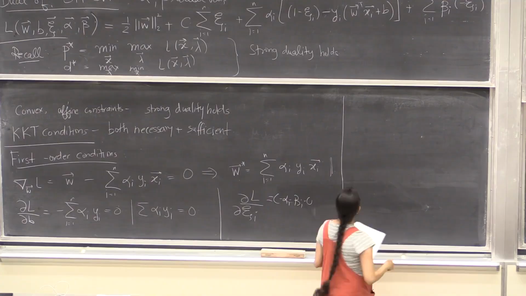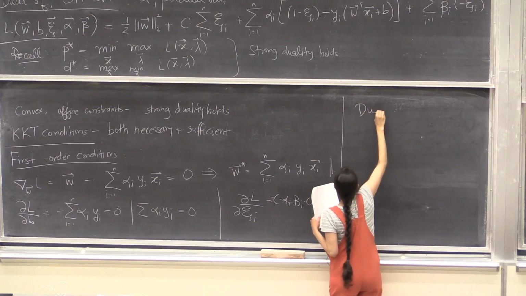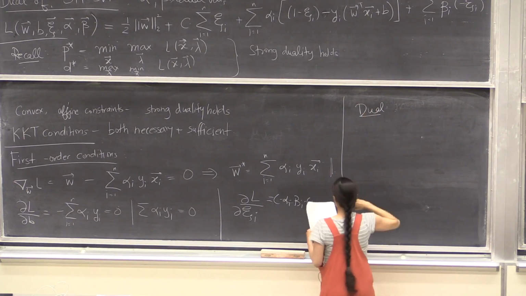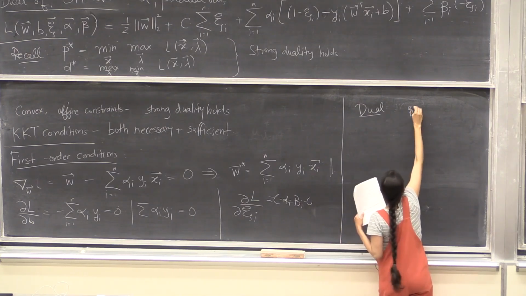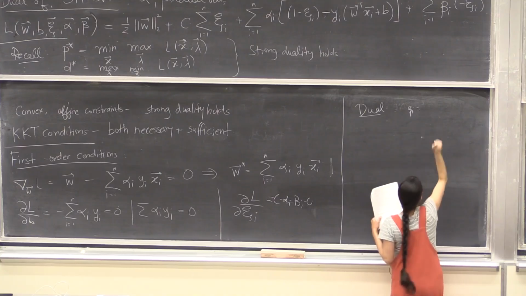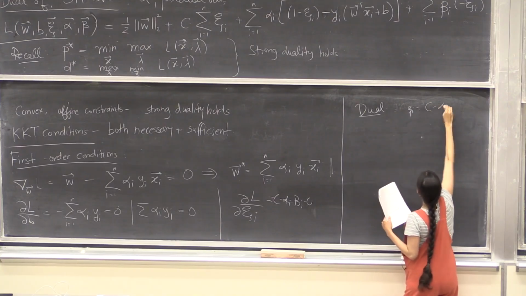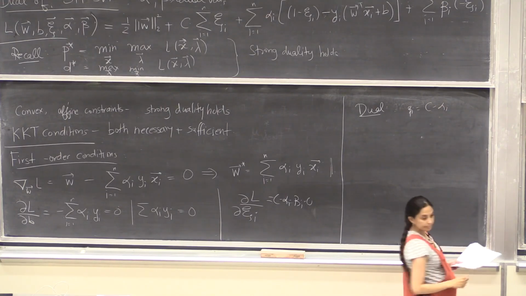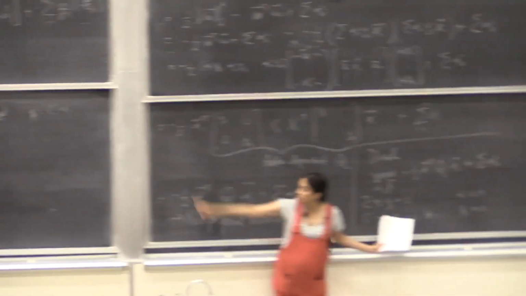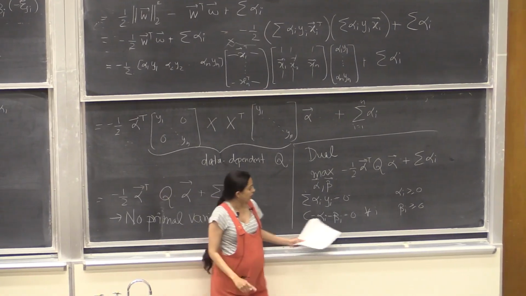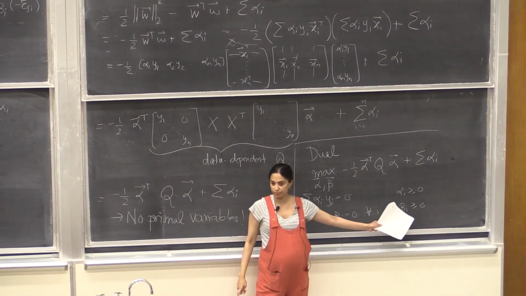So taking that, I'm going to keep writing the dual. I know that beta is equal to c minus alpha i, right? I can rewrite that as that. And I have beta greater than or equal to 0.